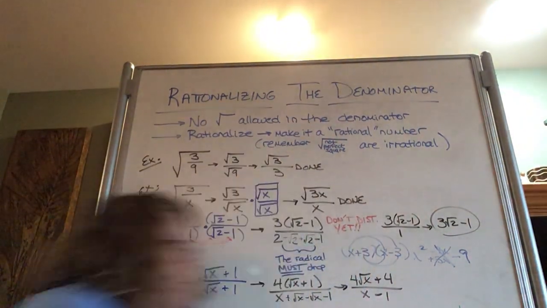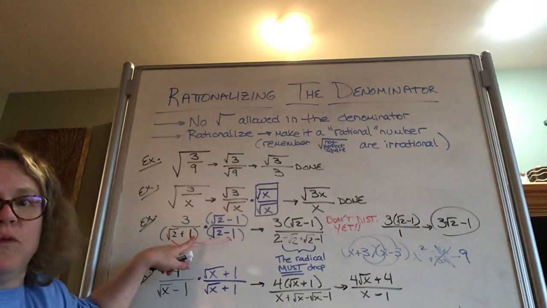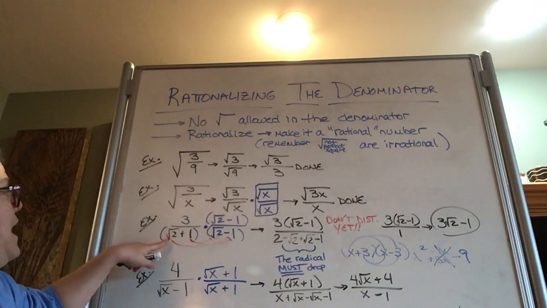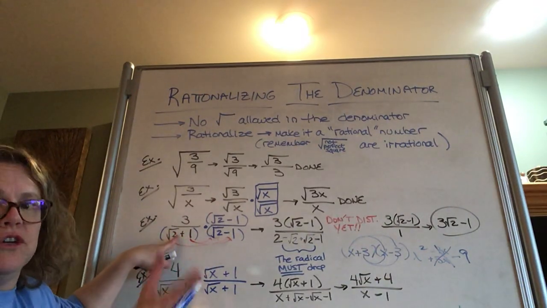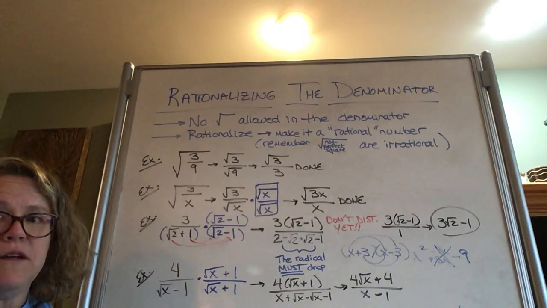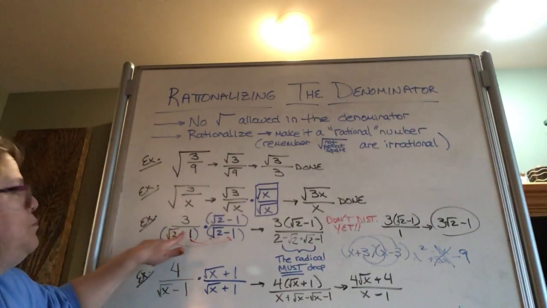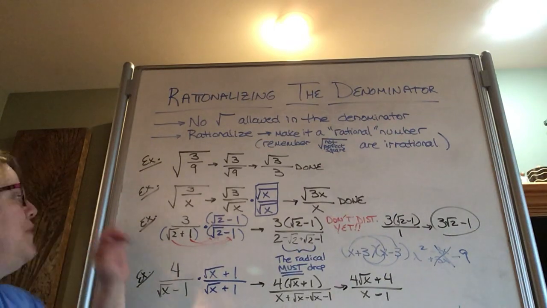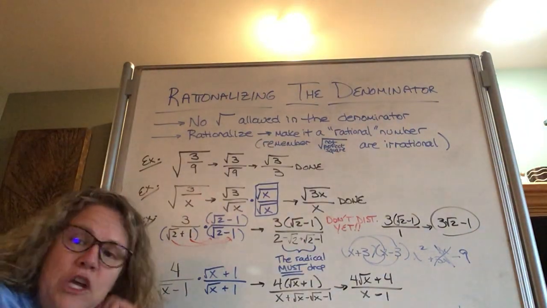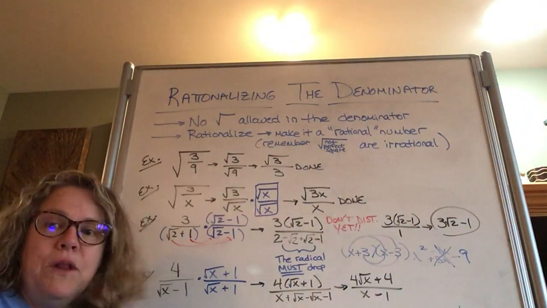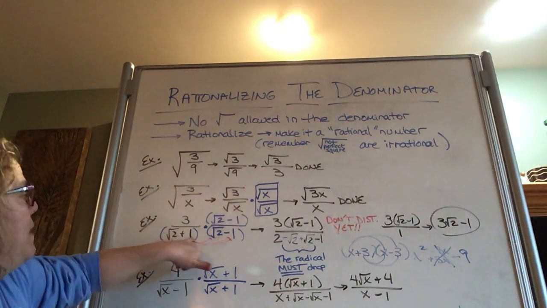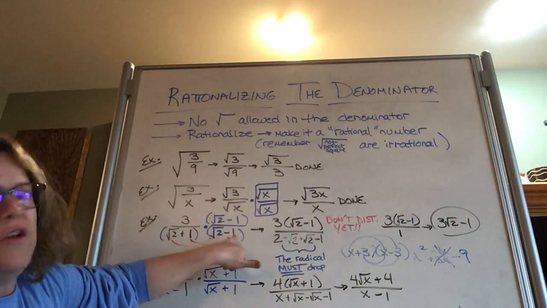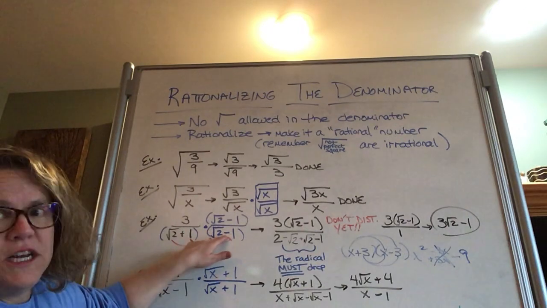So let's go back to our denominator with a radical. If I have a binomial, 2 terms, see I put the parentheses around it, I have radical 2 plus 1. If I need to get rid of that radical 2, the only way to do it is to multiply this binomial times itself with the opposite operation.